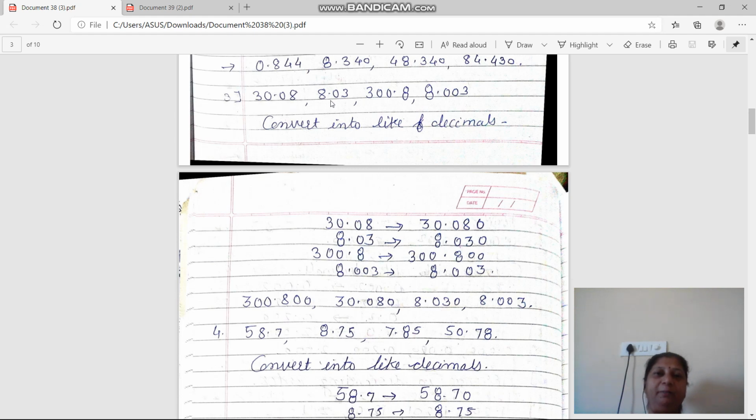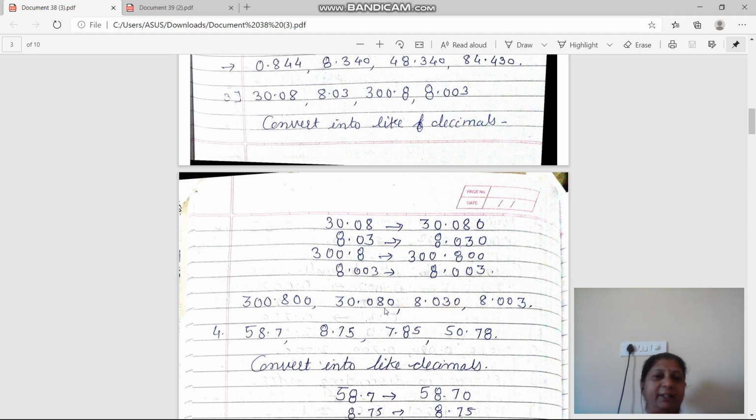30.08, 8.03, 300.8, 8.003. Convert into like decimals. So see here, we have to convert to three decimal places, right? 30.080, then 8.030, 300.800, 8.003.